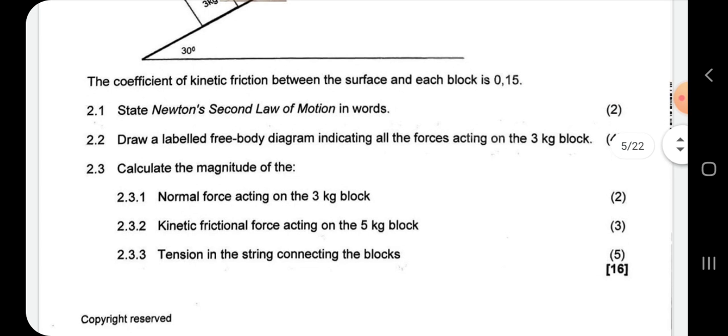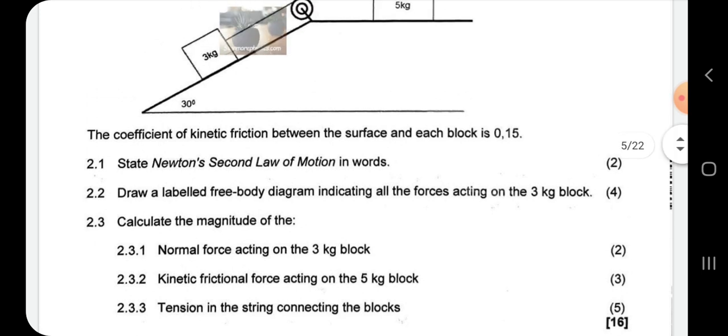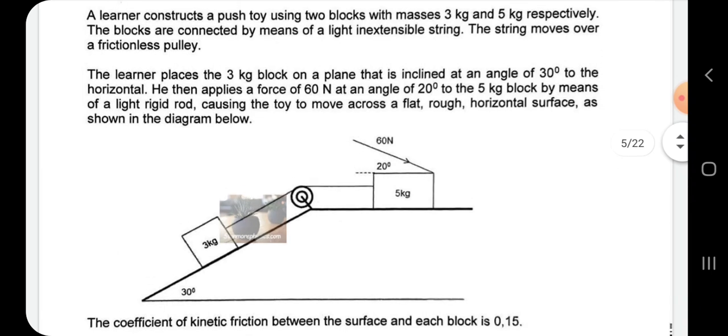In 2.3.1 we are going to calculate the magnitude of the normal force acting on the 3 kg block, then in 2.3.2 the kinetic friction force acting on the 5 kg block, and then 2.3.3 the tension in the string connecting the blocks. Okay, so that's what we are going to be doing. So let me refresh your memory a bit.